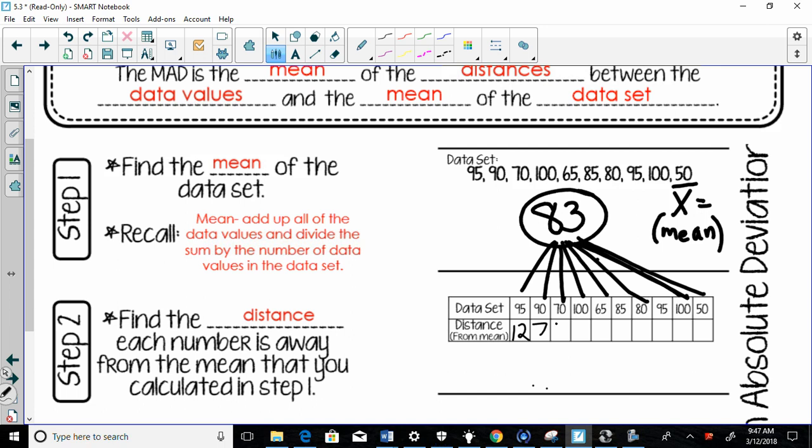And so you should end up with something that looks like this. Look up when you're done.